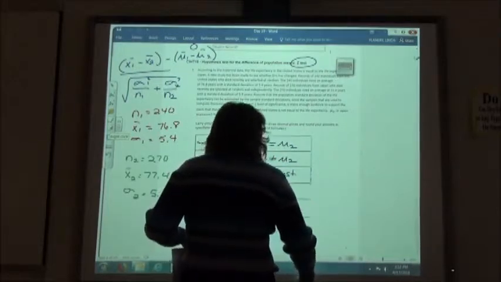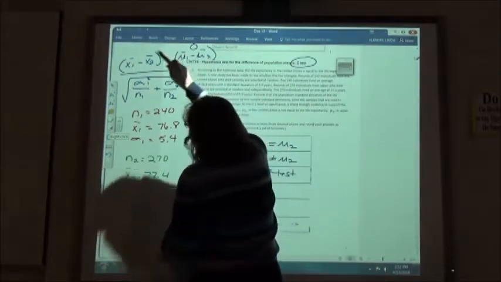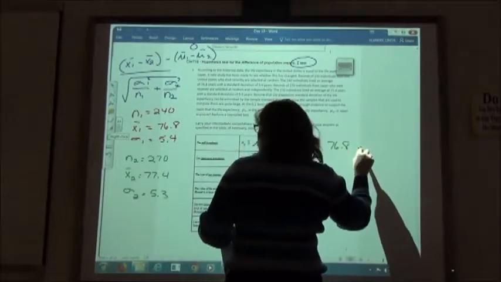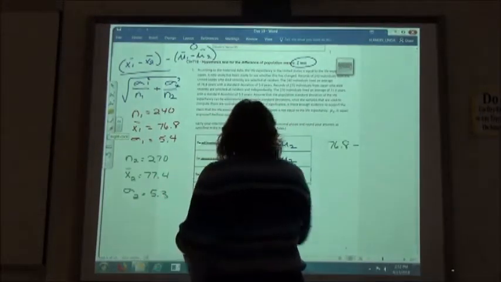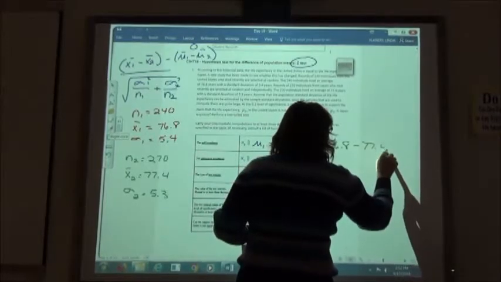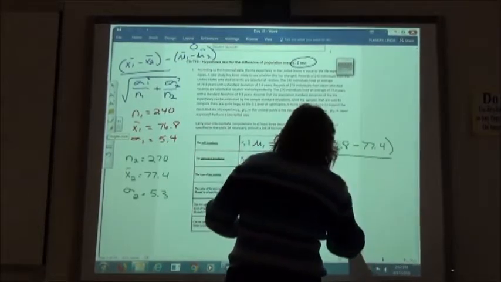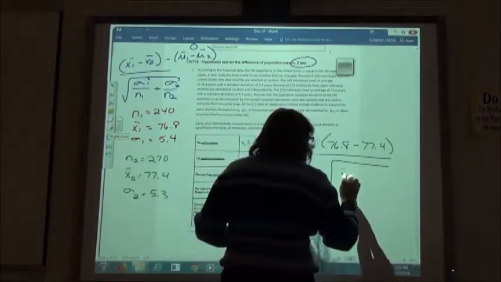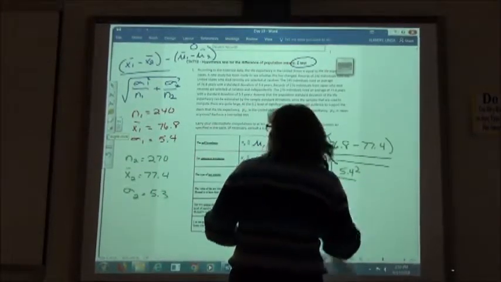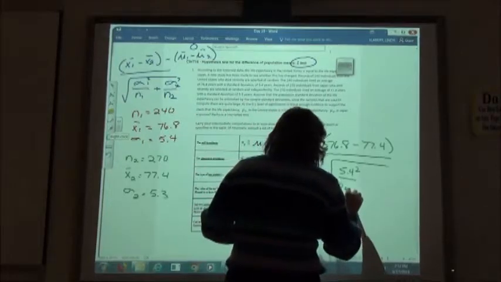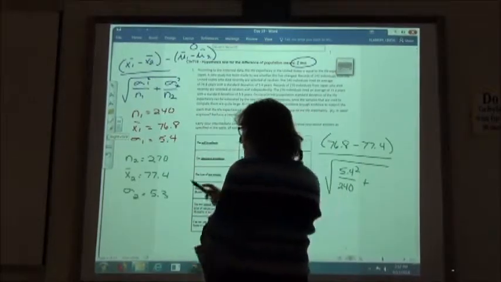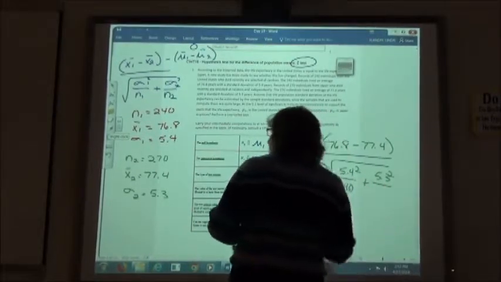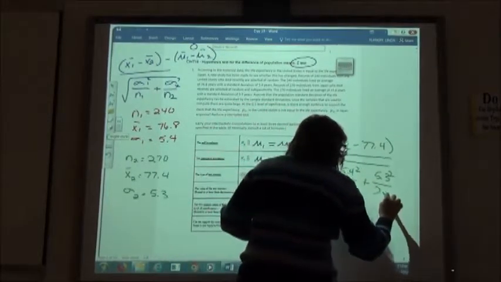Okay, so on the top, we have the mean of 1 and the mean of 2. So 76.8 minus the mean of 2, which is 77.4. On the bottom, we have the standard deviation. There it is, 5.4 squared over 240 plus my standard deviation here was 5.3 squared over 270.